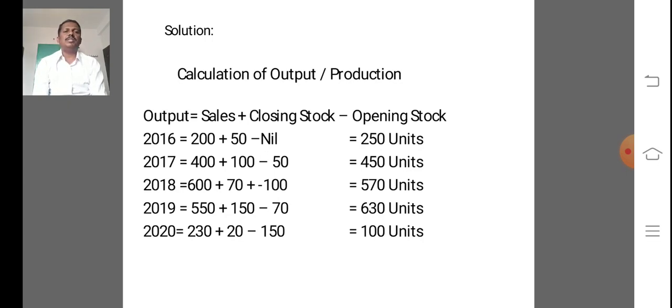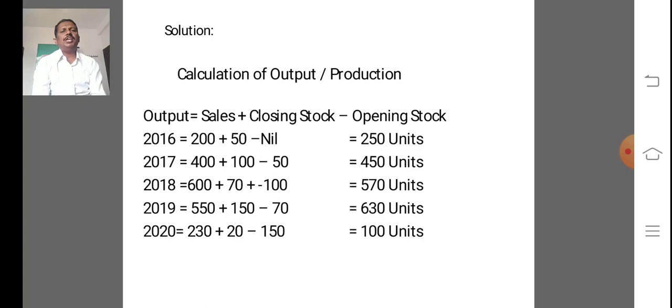In 2016 is equal to 200 plus 50 minus nil is equal to 250 units. In 2017 is equal to 400 plus 100 minus 50 is equal to 450.